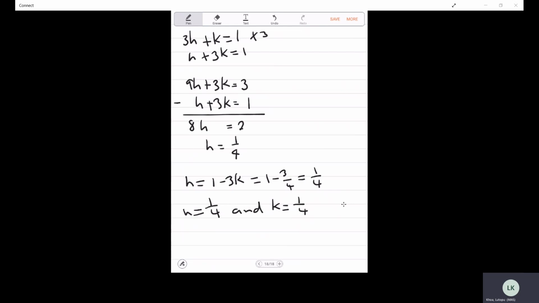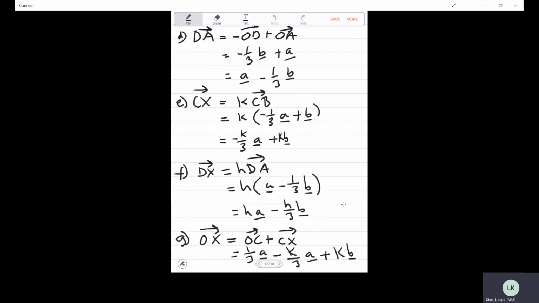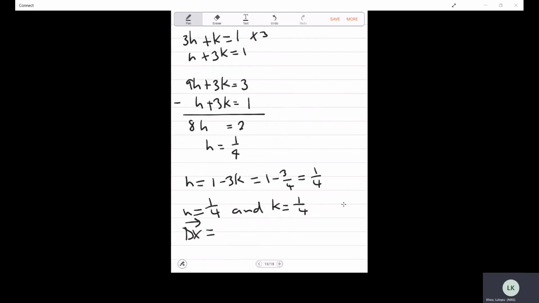Okay, so we know that DX is equal to h DA, and this is just a quarter DA, because we know that h is a quarter.